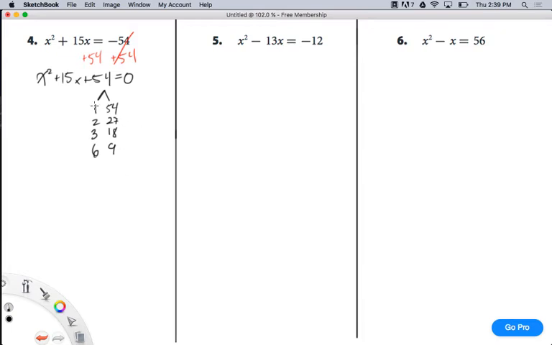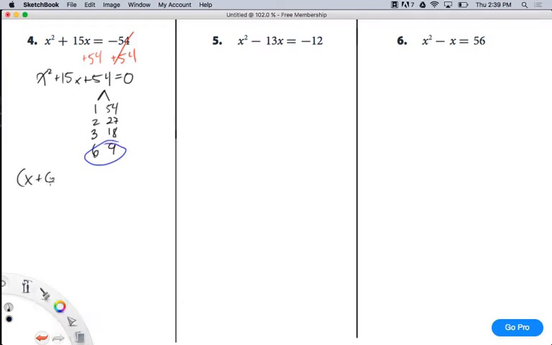Why did I do it this way? Because the only other numbers between 6 and 9 are 7 and 8, and they are not factors of 54. So I'm done, and I know that with confidence. They're both positive, so the factors are both positive. So it's 6 and 9.